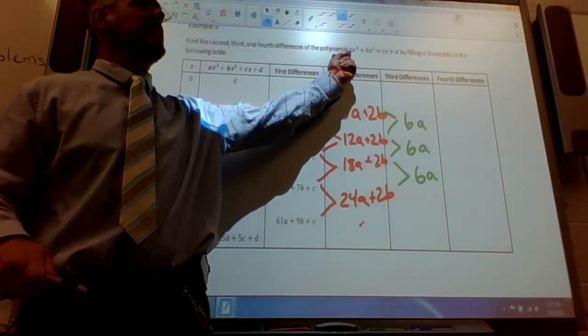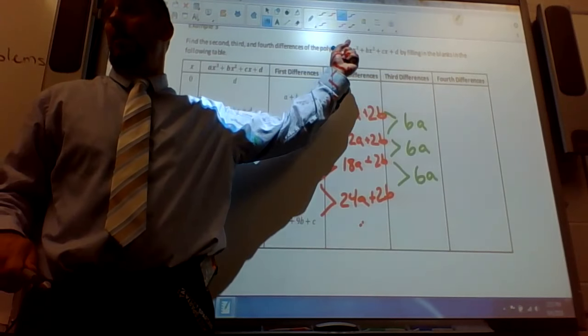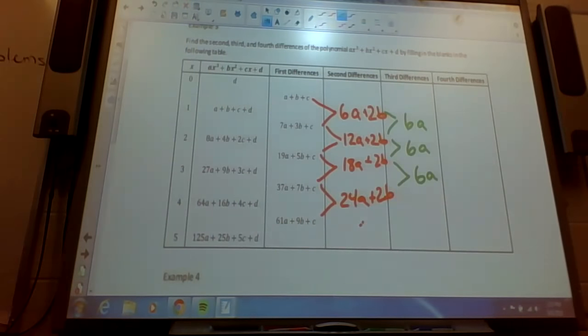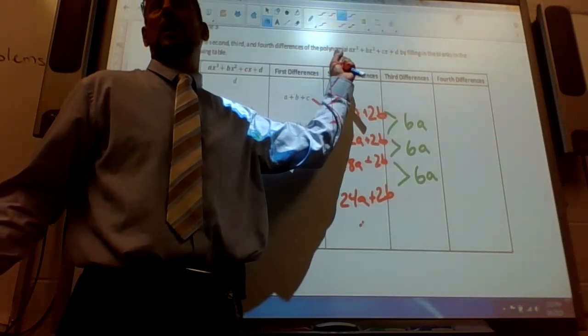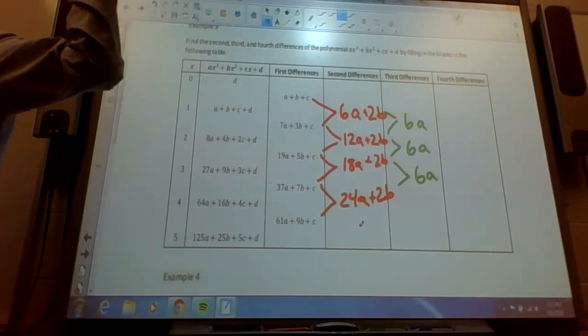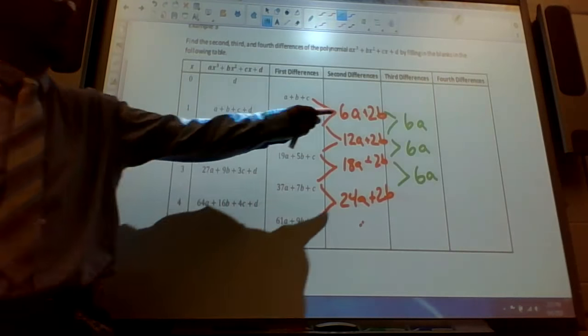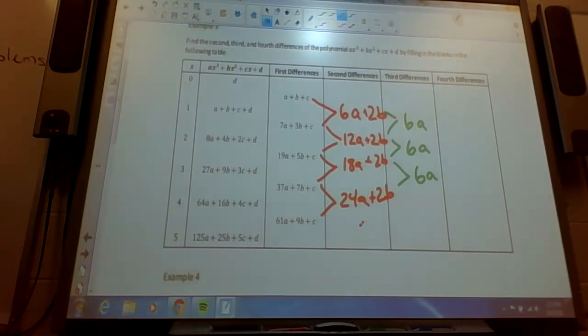So, if that number is 4, then my third difference is always going to be what? If a is 4 in this polynomial, so it's 4x cubed plus something x squared plus something x plus 2, what is my third difference always going to be, Leah?